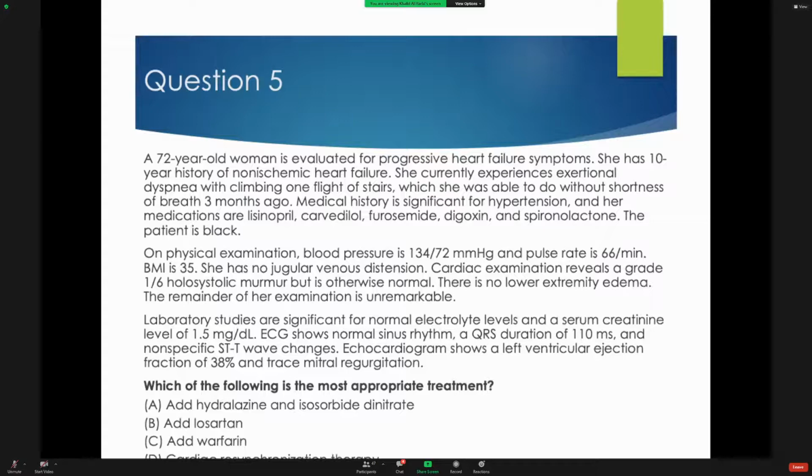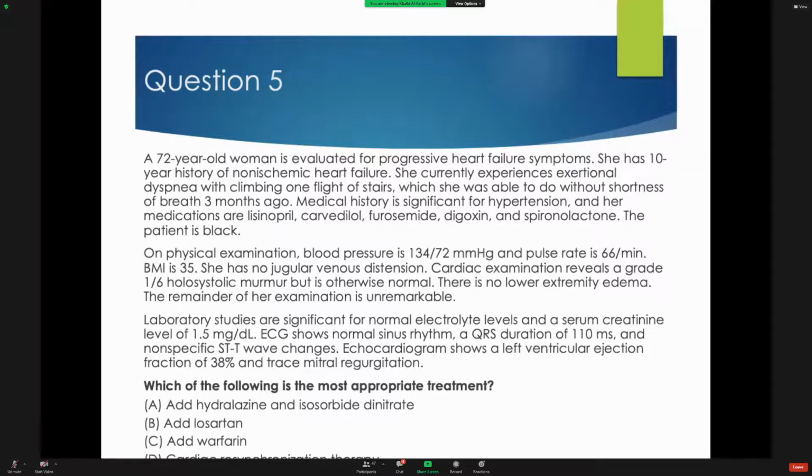Medical history is significant for hypertension, and her medications are lisinopril, carvedilol, furosemide, digoxin, and spironolactone. The patient is black. On physical examination, blood pressure is 134/72 and pulse rate is 66 per minute.